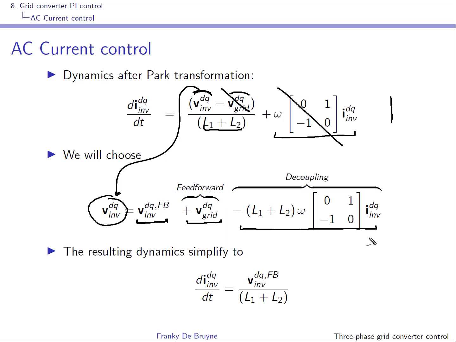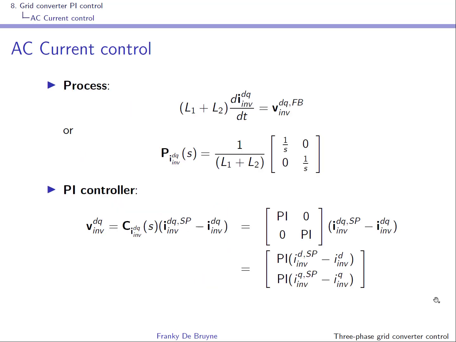So using this equation with feedback control, feed forward and decoupling, you obtain a dynamic that is now very easy, the dynamic of an integrating process. So indeed you have an integrating process, and it's a multivariable system.